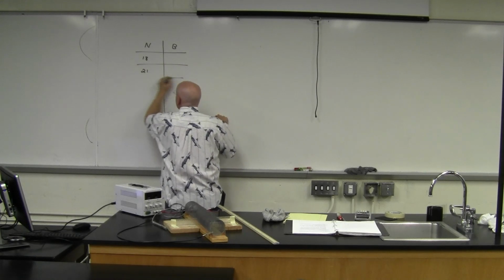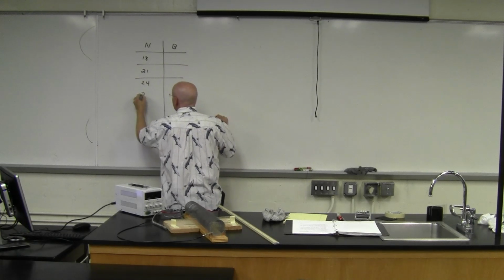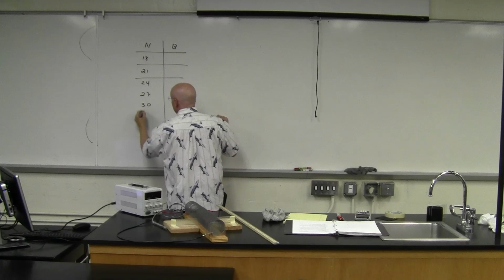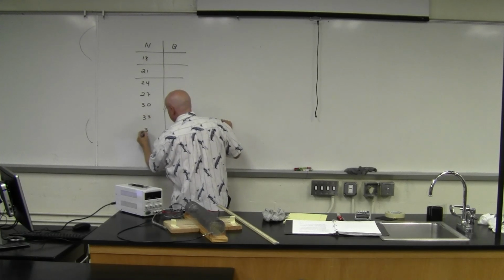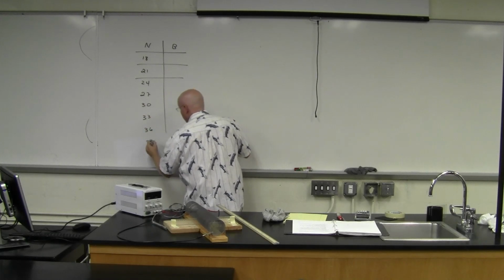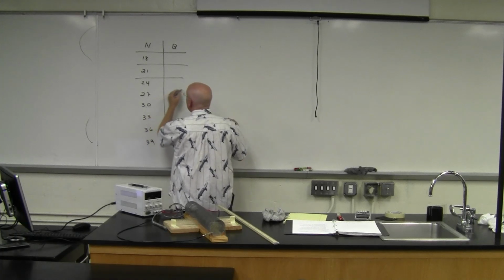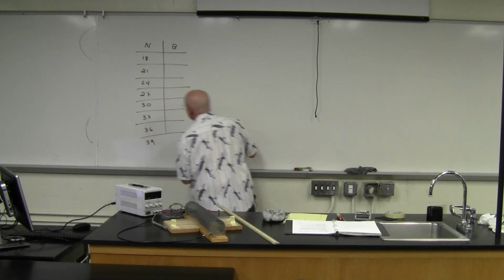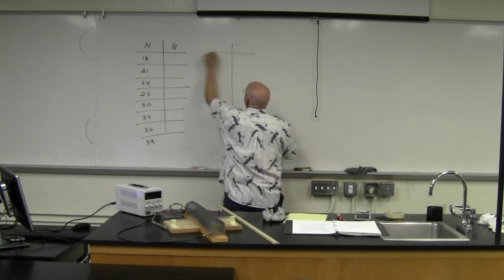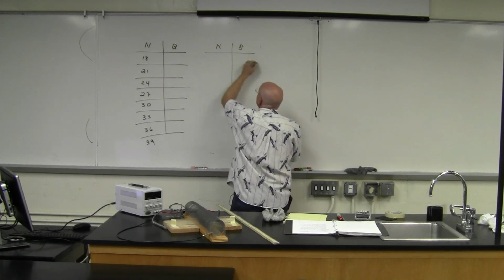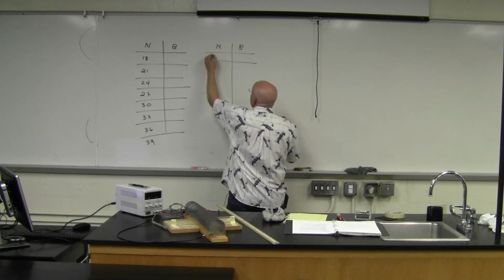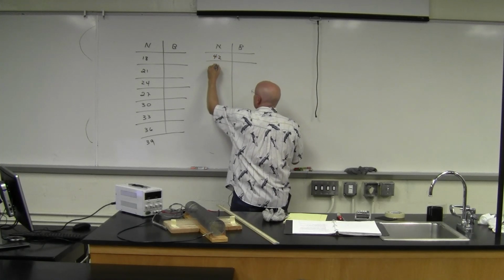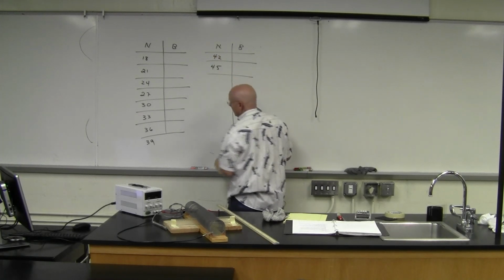And then go up by 3s, so 24, 27, 30, 33, 36, 39. Number of turns, field. Okay, 39, 42, and 45. Oh, I probably could have squeezed that in there.